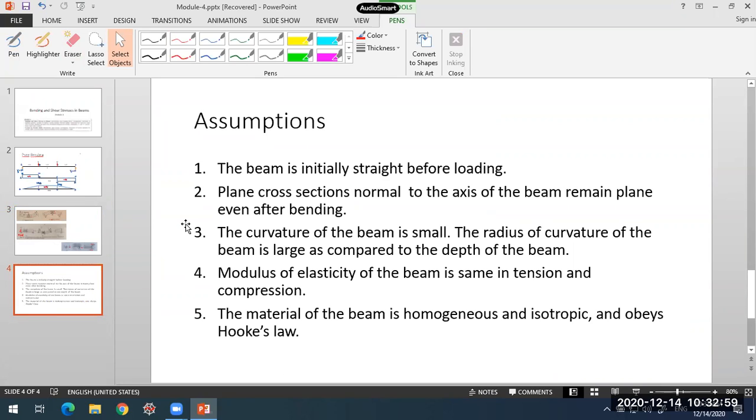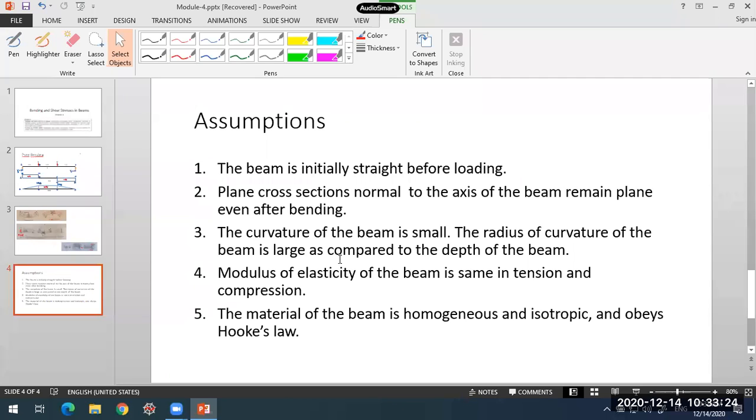Now the fourth assumption is modulus of elasticity of the beam is same in tension and compression. Whether you measure the modulus of elasticity by taking the tension test or the compression test. Once you come to the lab, you will understand how we calculate modulus of elasticity. We actually have the lab of testing the basic materials.